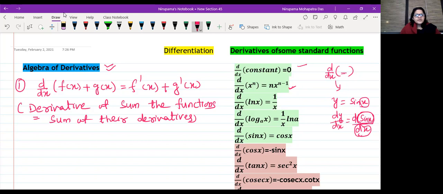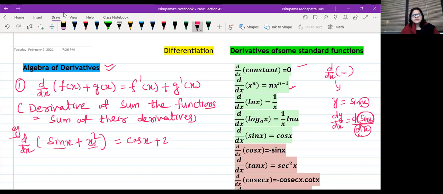For example, if I write here d by dx of sine x plus, suppose, x square, it means I can write derivative of sin x, that is cos x, plus dy dx of x square is 2x, like this. We do not show the algebra of derivative every time, but we use it like this.